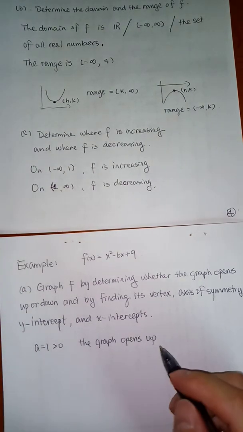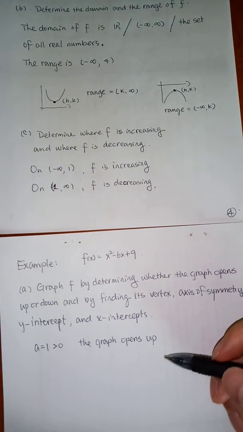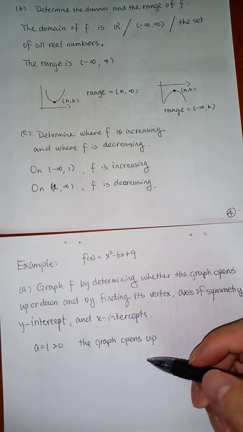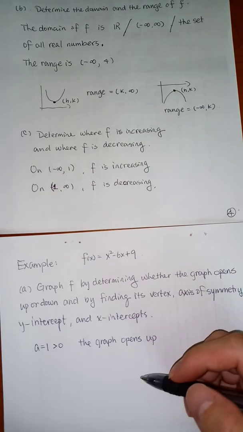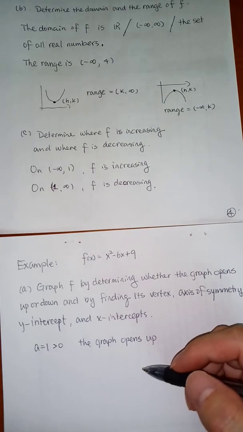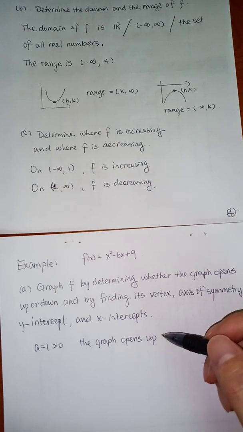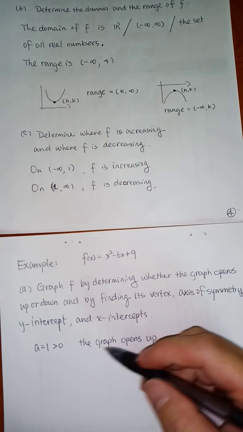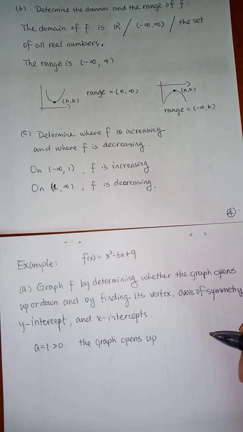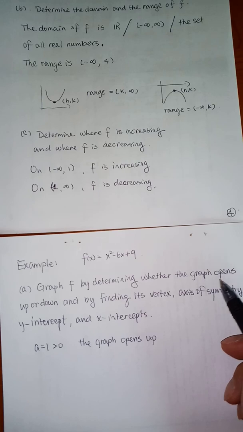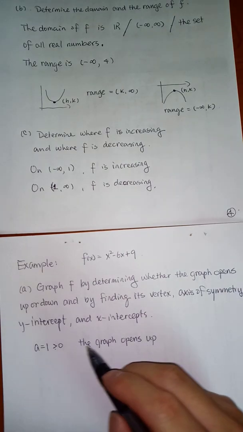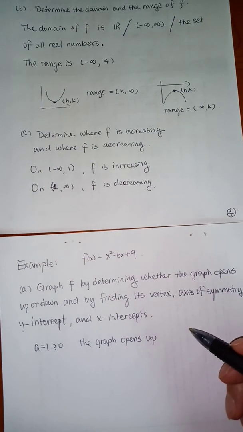It's an obvious fact, but if you see the problem in the exam, you have to write down this statement. You cannot say it's so obvious, we keep this in mind. In the exam, you cannot keep all the facts in mind. You must write them down, okay? Because this is part of the question: determine whether the graph opens up or down. Because it's positive, the graph opens up.